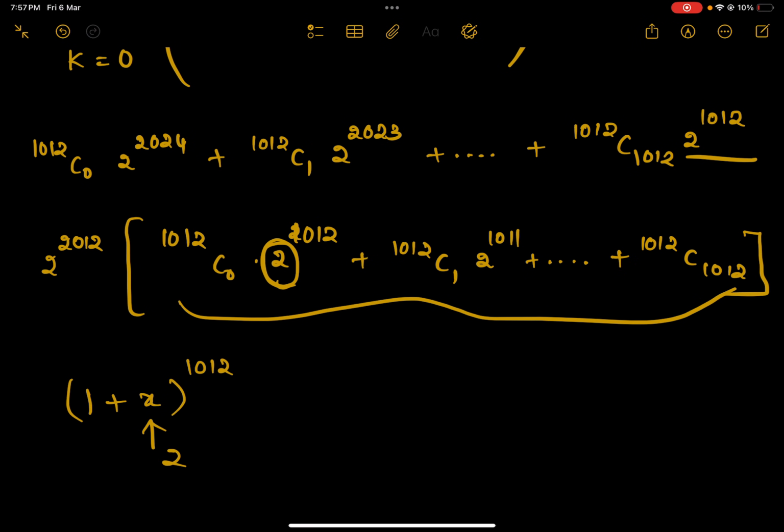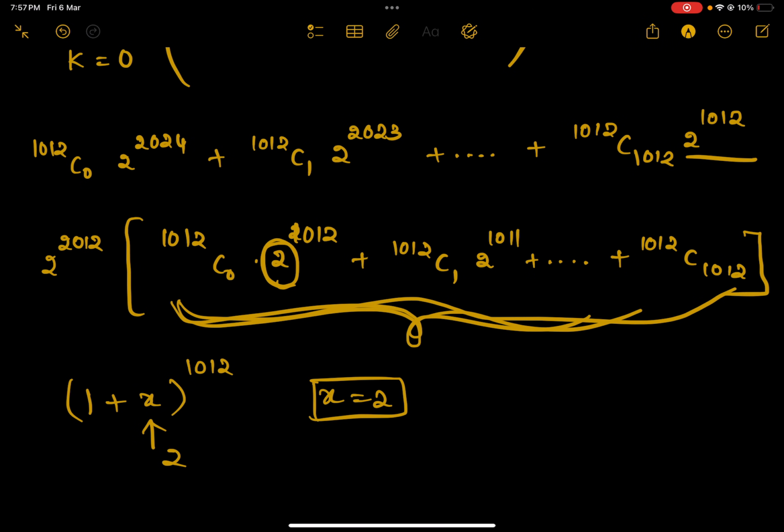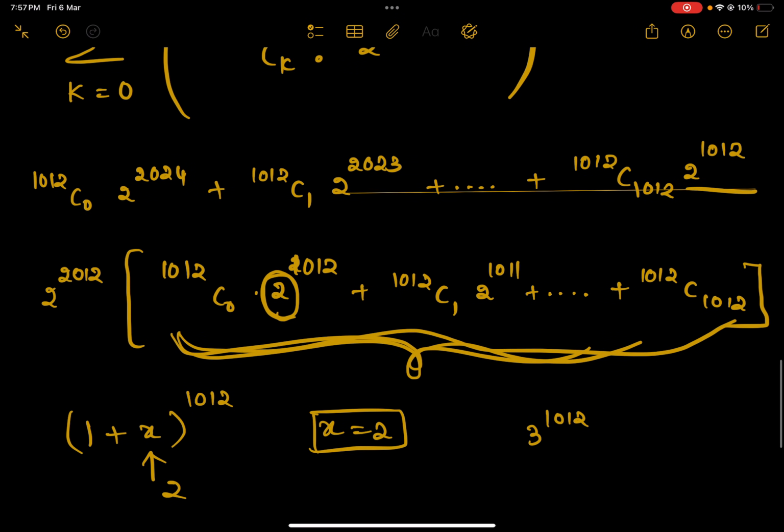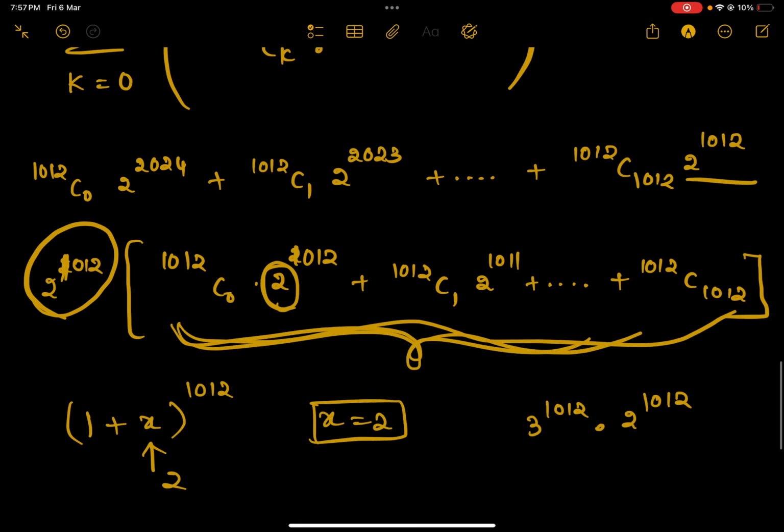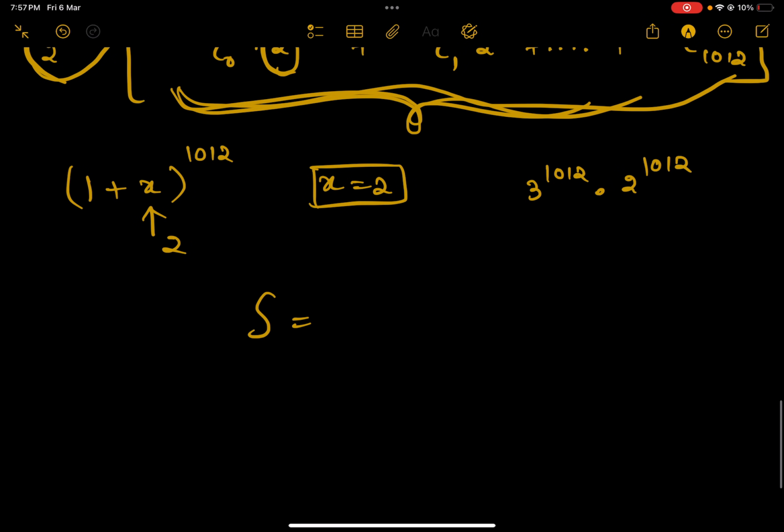So this particular value will be 3 to the power 1012. This is multiplied by 2 to the power 1012. So therefore the value of your summation is simply 6 to the power 1012.